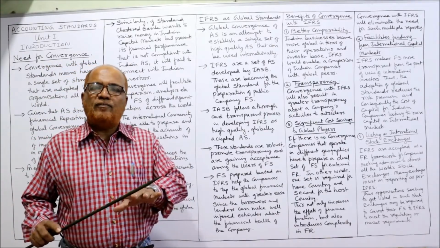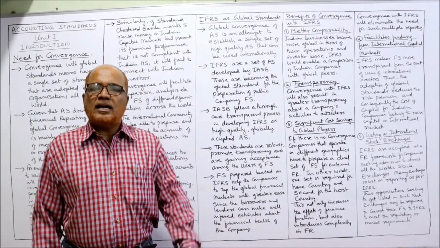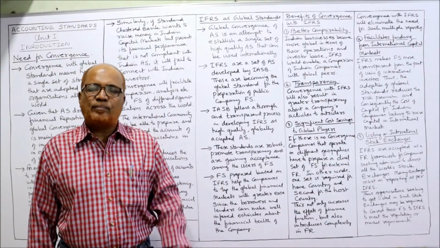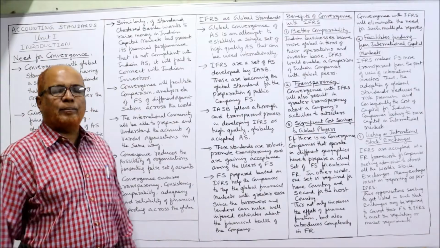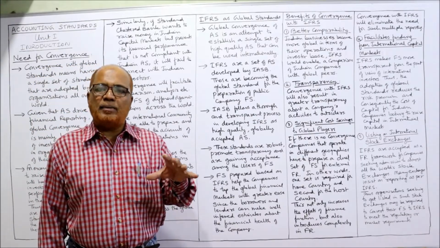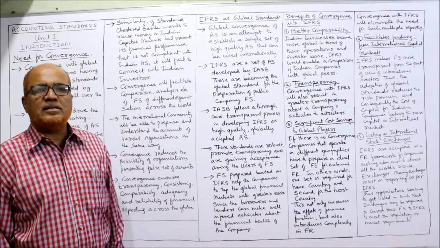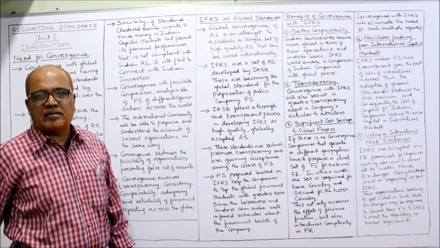Both are fully acquainted with the performance of companies. They can make prudent judgments, the borrowers as well as the lenders, about the financial health of the companies. These borrowers and lenders can easily judge the financial health of the companies. This is IFRS as the global standard.